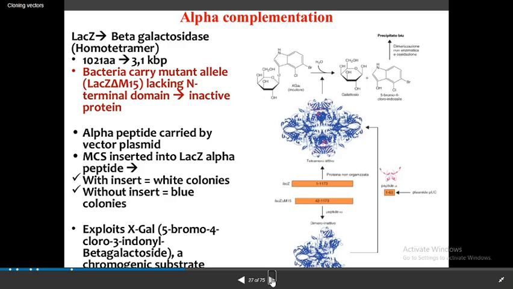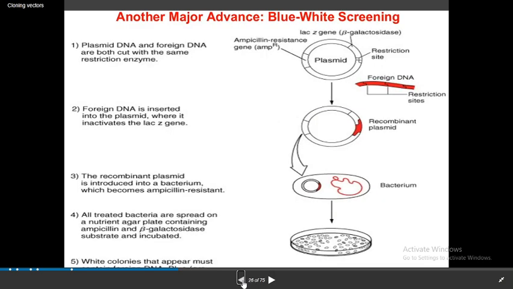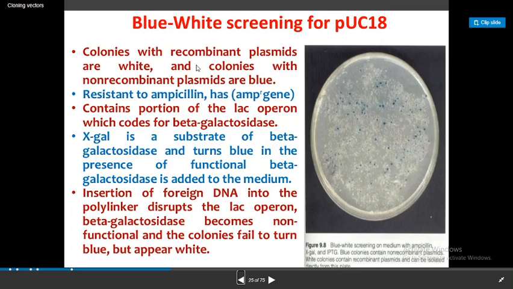White color means there is recombinant, because it stops the activity of beta galactosidase. If there is blue color, it is non-recombinant. It never stops the activity of beta galactosidase.